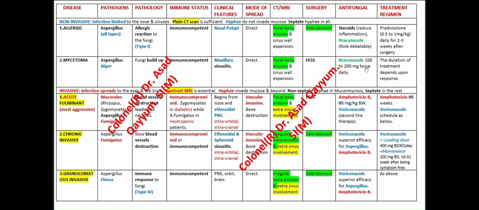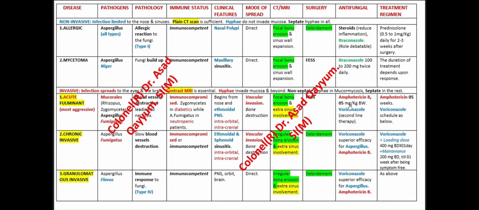The duration depends upon the response of the patient and the radiological evaluation. The dosage of steroid given is prednisolone 0.5 to 1 milligram per kilogram body weight daily for 2 to 3 weeks. Mind it that the daily dose should not exceed 60 milligram.